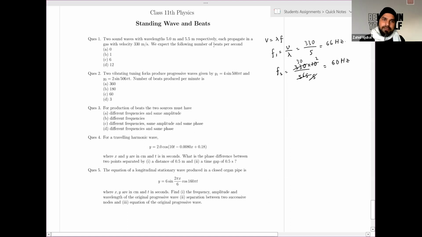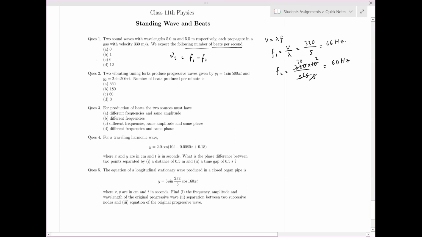So how to calculate beat frequency? It is nothing but the difference of frequency of the two waves. Just subtract these two frequencies, so beat frequency is equal to f1 minus f2. What will be the answer? 6. Good.